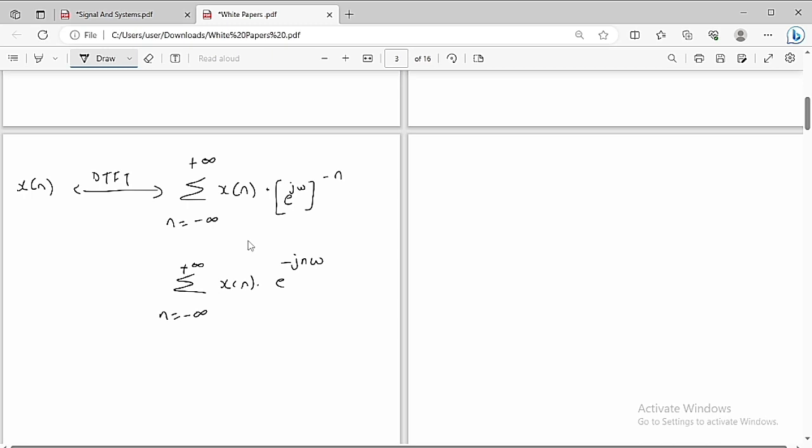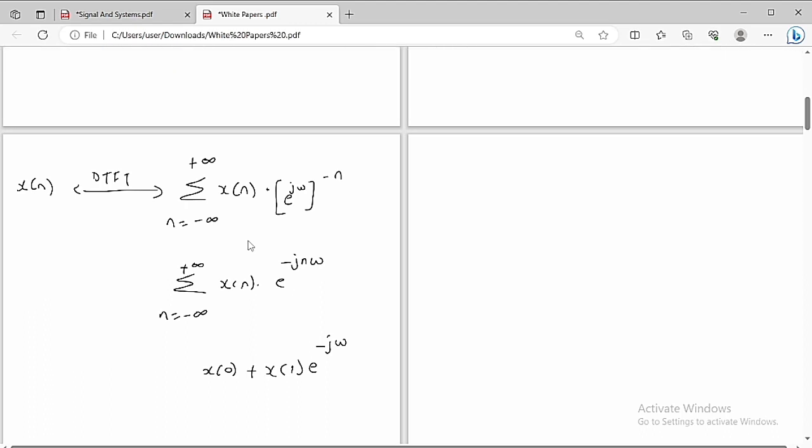Now if you substitute n equal to 0, what are we going to get? X(0). If I substitute n equal to 1, then I get x(1) into e^{-jω}.